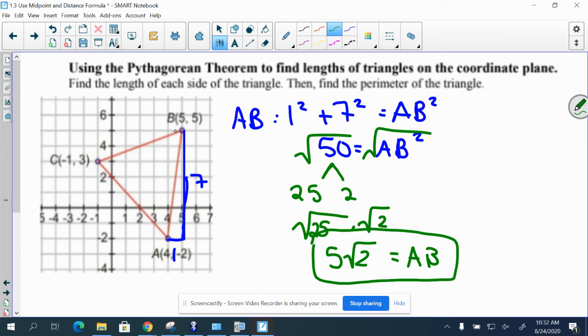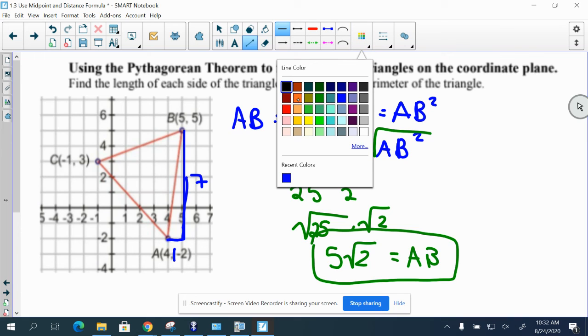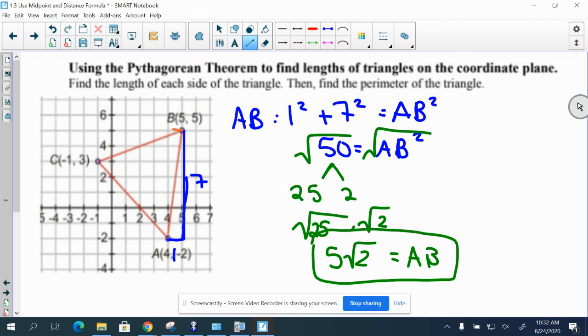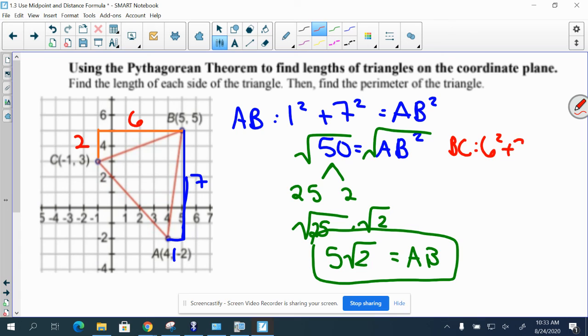Okay, now let's do the same thing for segment BC. So for BC, let's draw in the components. The x component from B to C and the y component from B to C. So the x component has a length of 1, 2, 3, 4, 5, 6, and the y component has a length of 2. So for BC, you would do 6 squared plus 2 squared equals BC squared.